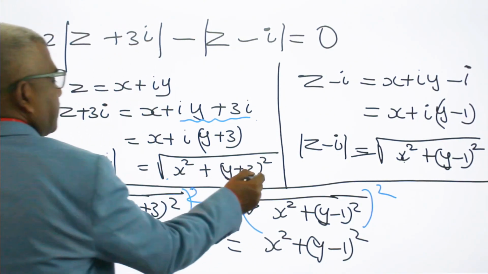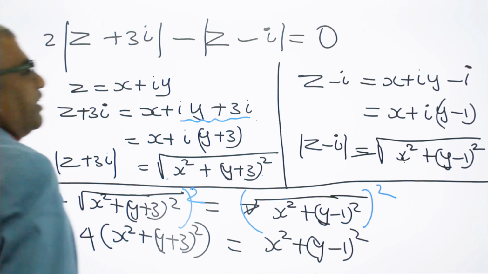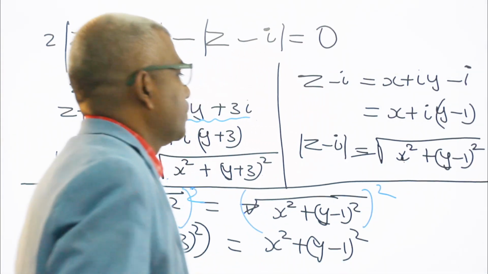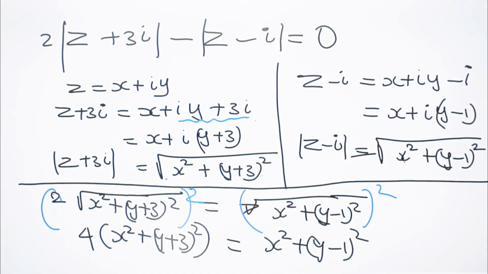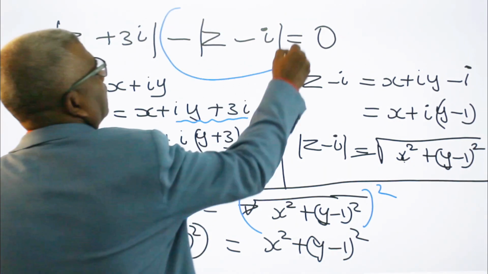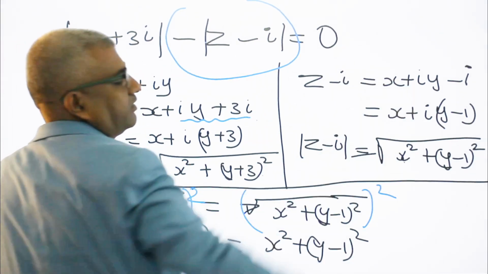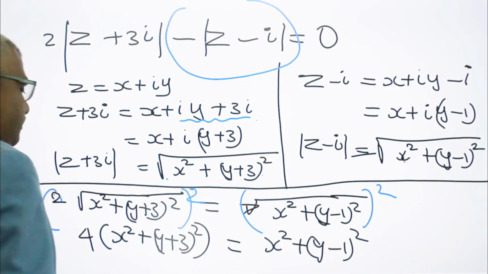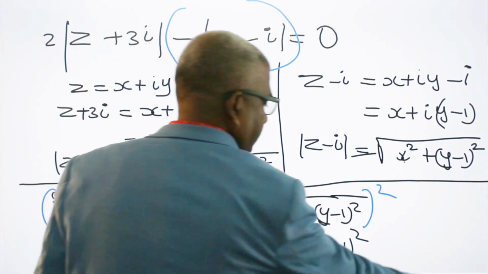So it is the square root of x squared plus (y plus 3) whole squared. Here also I had iy minus i, I took i out. So the square root of x squared plus (y minus 1) whole squared. Then I took the z minus i to the right hand side. Then I squared. Okay. Next.